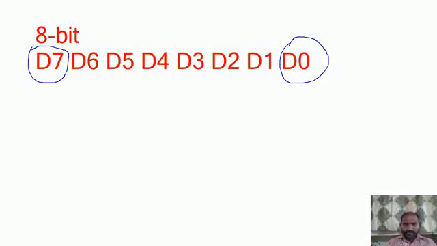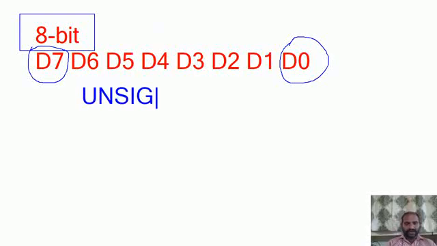Now if all the 8 bits, from D7 to D0, are representing the value, then it is called an unsigned 8-bit number. In an 8-bit number, if all the bits from D7 to D0 are representing the value, then this number is called an unsigned number.